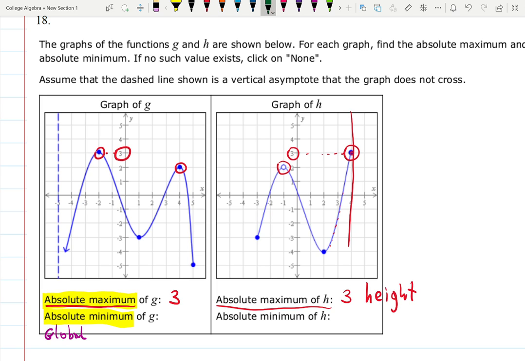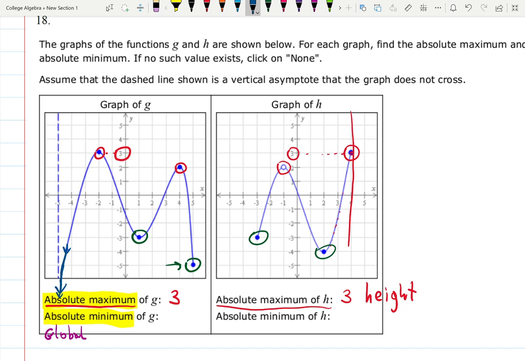Then same with minimums. With minimums, I put it in green color. Check all the pits. That's a pit over here. There's a pit over here. There's no pit over here because this keeps decreasing forever. And there's one more here and one more here. What is the deepest pit for the graph on the left? This function in blue actually keeps decreasing. There's no pit. This little arrow means it keeps going down. You just don't see it.